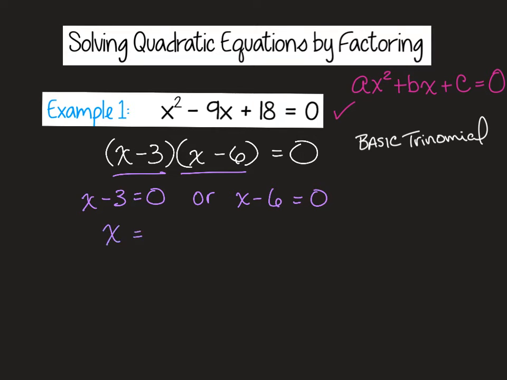So x is either 3 or 6. And then we're going to write our answers in set notation using braces. And those are the solutions. Again, you can always check your solutions by picking one, plugging it in, and making sure that it works.